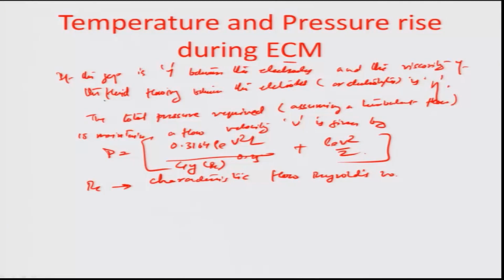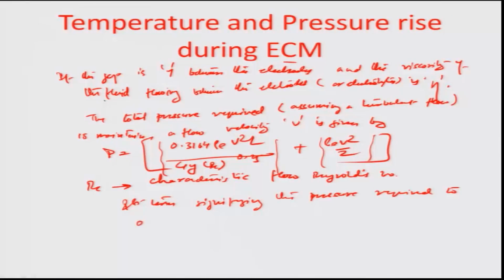And I can classify these two terms here as the first term signifying the pressure required to overcome the viscous drag, or a better terminology here would be viscous friction between the plate and the moving electrolyte.